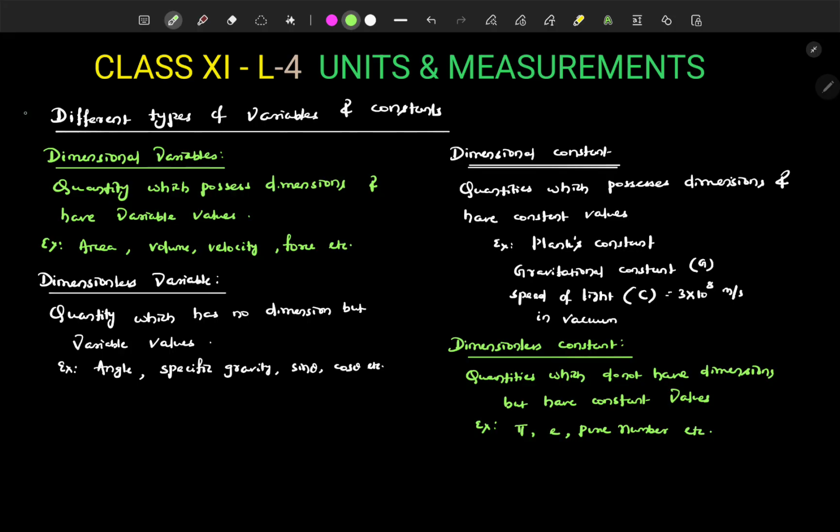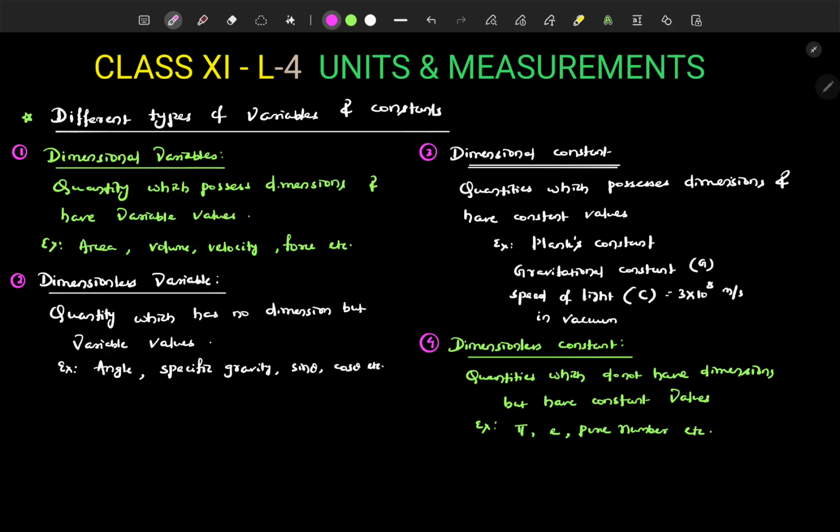So these are the different types of variables and constants. I hope these 4 types are clear to all of you. This is your first type, this one is second, this one is third, and this is your fourth variety.